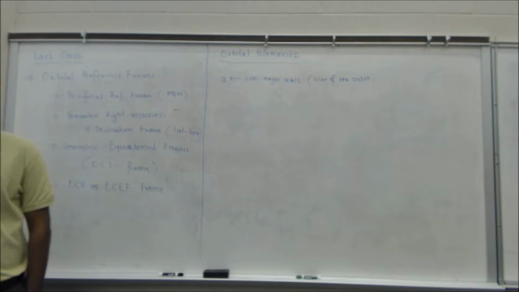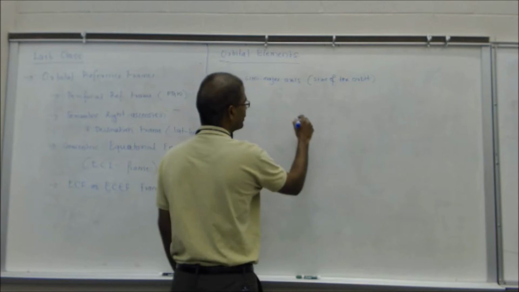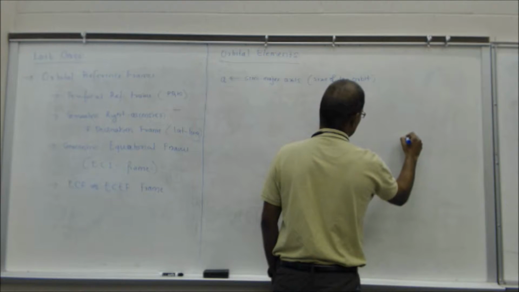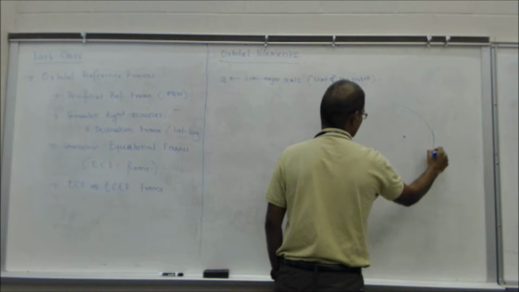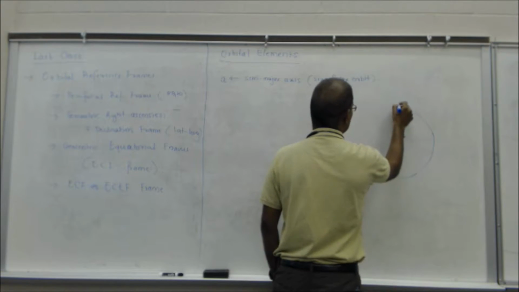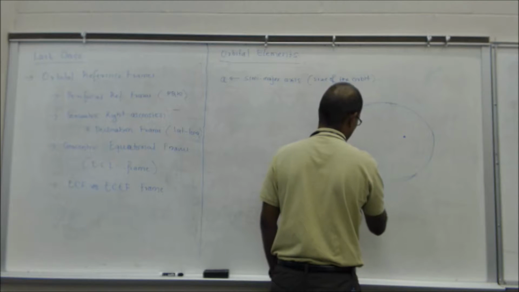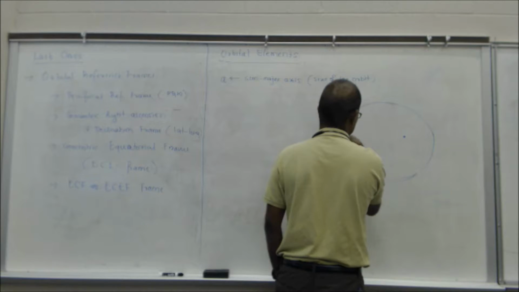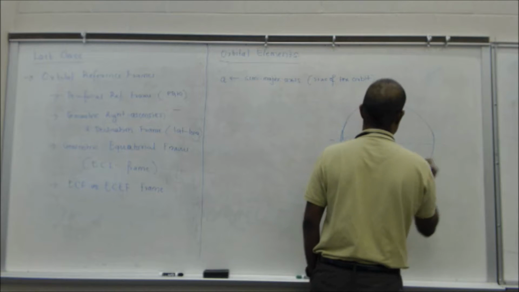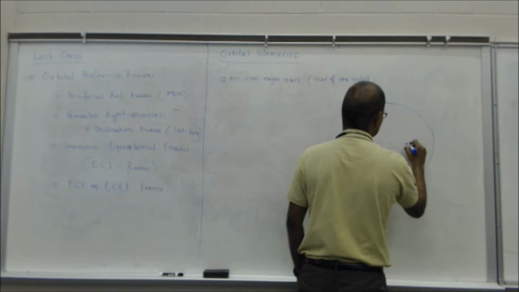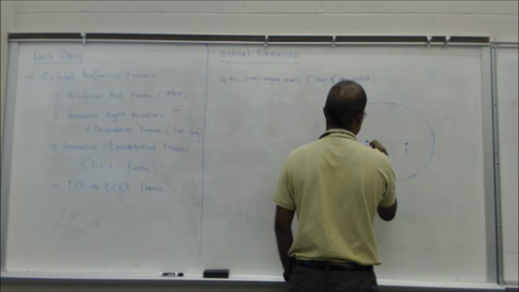Here it's difficult to visualize A, okay? Because, so this is your perifocal frame, okay? So we said A, this is F, and this is F star, right?